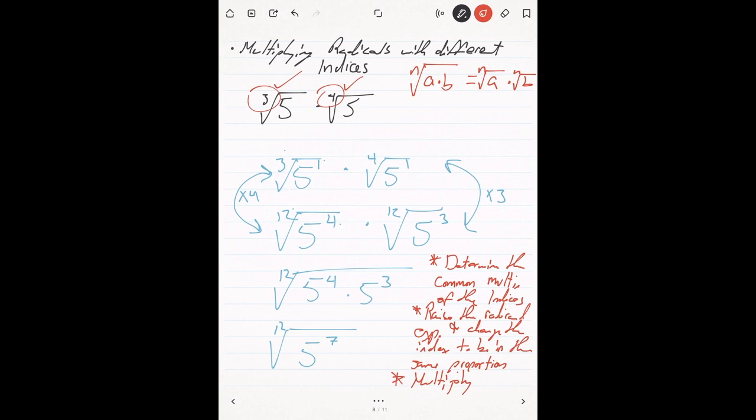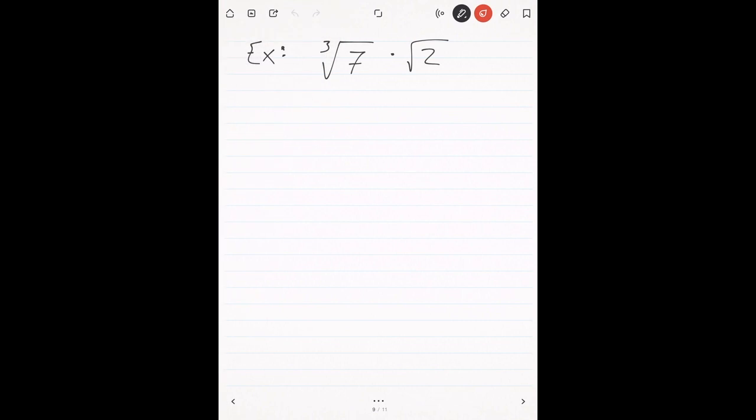Now, one trick that you can use for coming up with a common multiple is actually just taking the indices of each one and raising your exponents to those indices. What I mean by that is, in this problem we have a cube root and a square root.